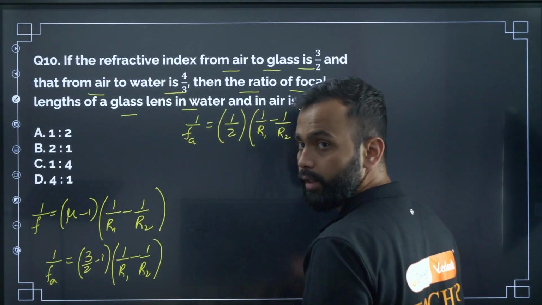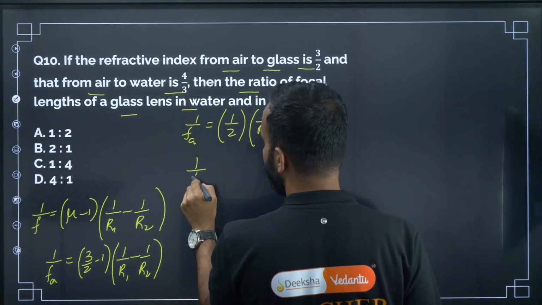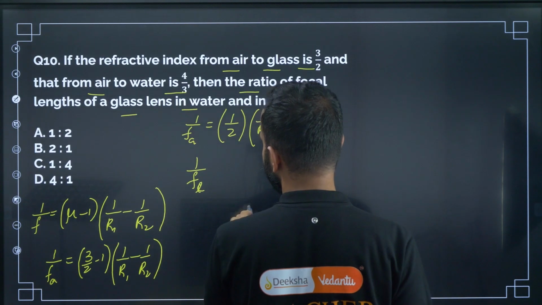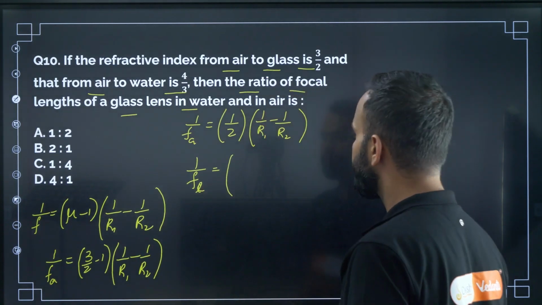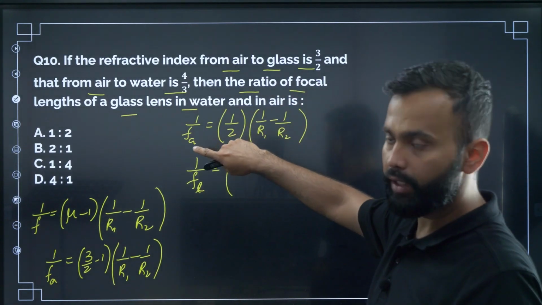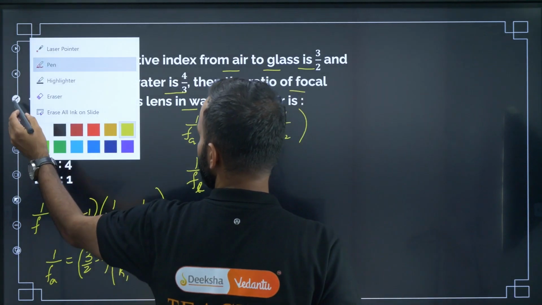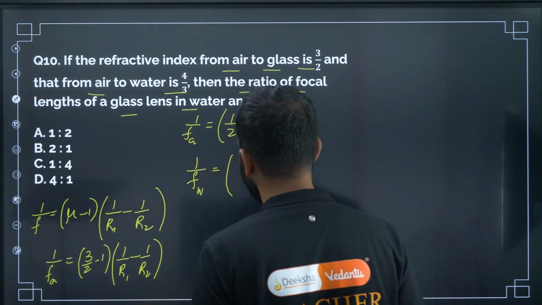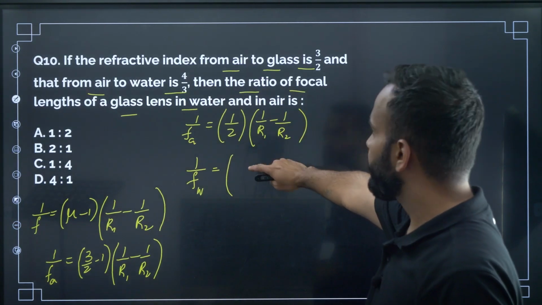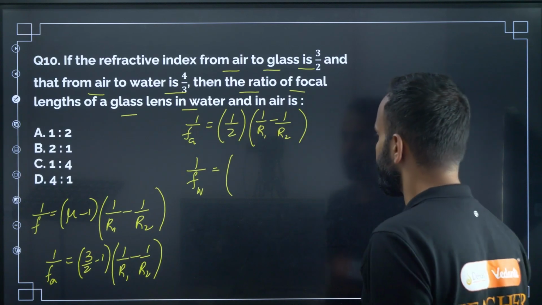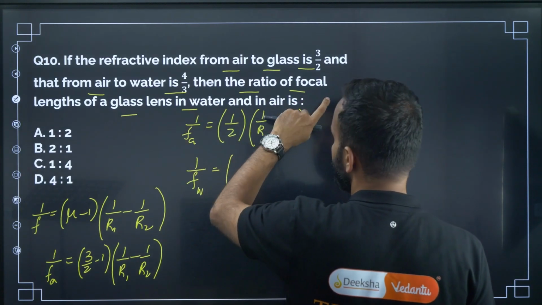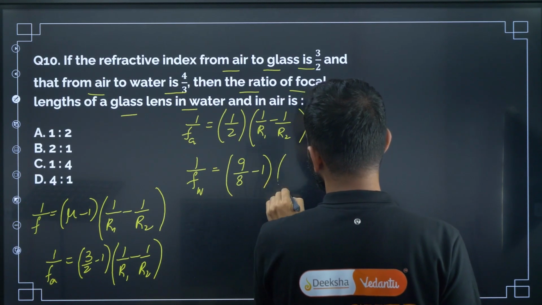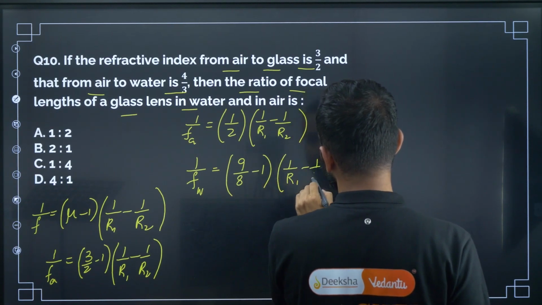Similarly, here 1 divided by Fw, that is for water, is equal to the relative refractive index, that is the refractive index of the glass with respect to the water, minus 1. So the refractive index of glass with respect to water is 3 by 2 by 4 by 3, that is 9 divided by 8. 9 by 8 minus 1 into 1 by R1 minus 1 by R2.